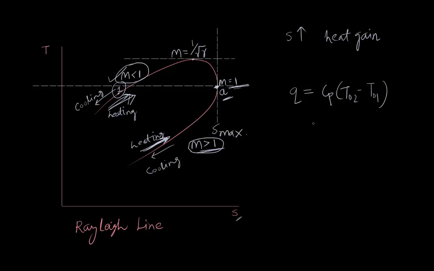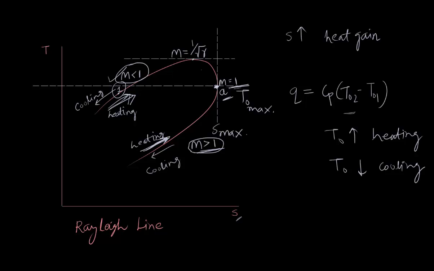From this equation we can conclude that if we add heat to the flow, meaning Q is positive, stagnation temperature T0 will increase during heating, and during cooling stagnation temperature T0 will decrease, and we can see that maximum stagnation temperature will exist at point A. Maximum stagnation temperature.